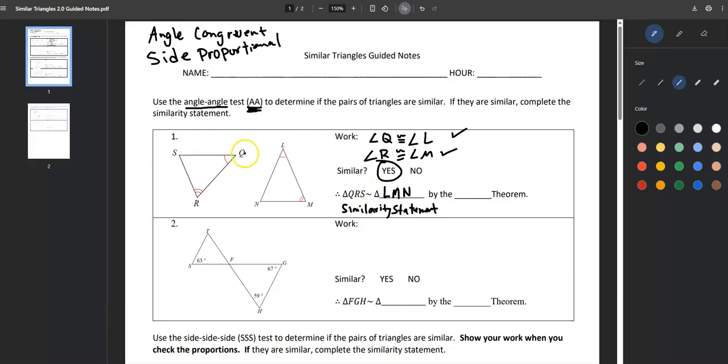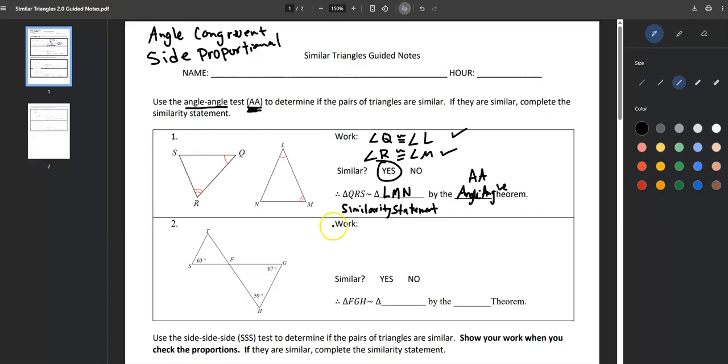So just take a look. Q and L, R and M, and then S and N correspond with each other. And by what theorem? This would be the angle-angle theorem. Or you could just write AA for this one.